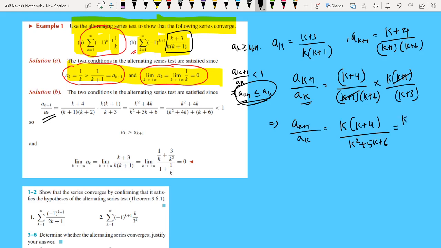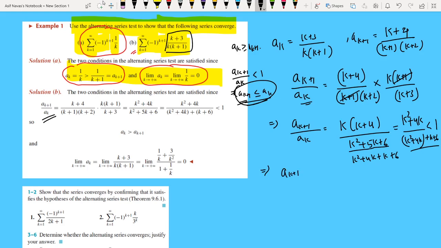That is k square plus 4k divided by k square plus 5k plus 6, and you can write k square plus 5k plus 6 as k square plus 4k plus k plus 6. So the denominator is greater than the numerator, so this is less than 1.